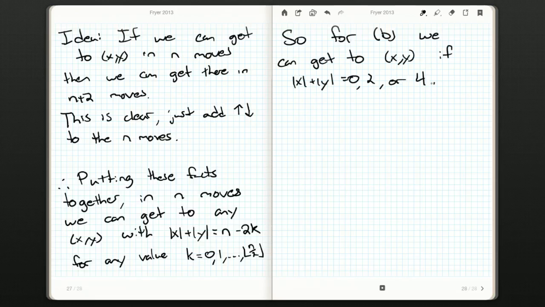So we can get to exactly these locations, with 0, 2, and 4 being the sums of the absolute values of x and y.